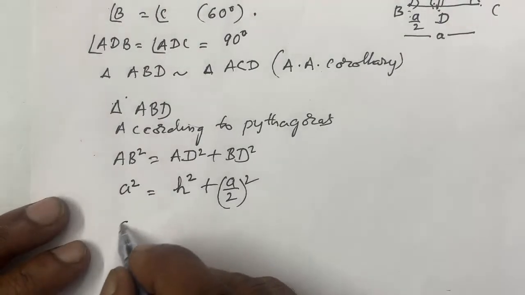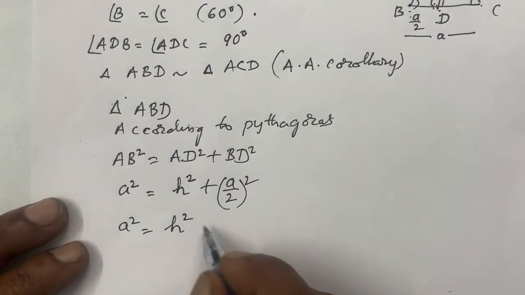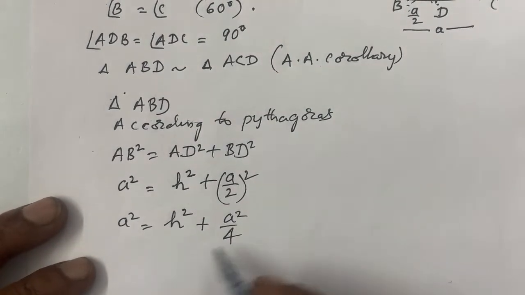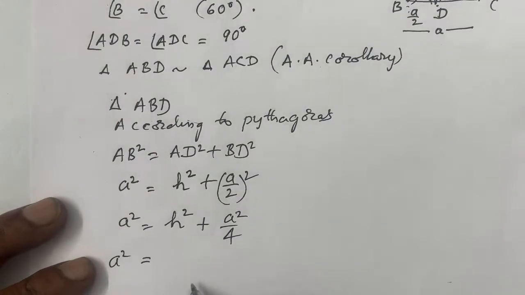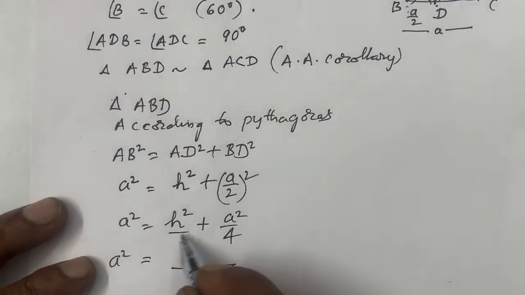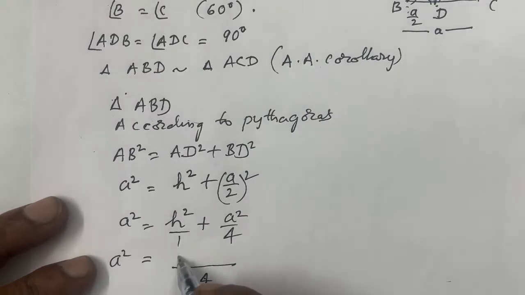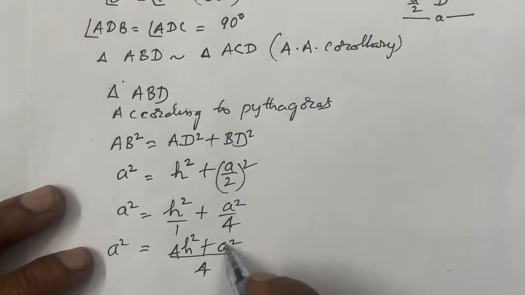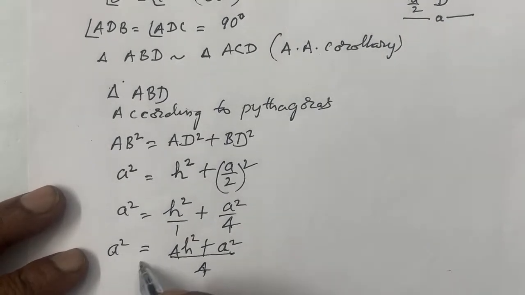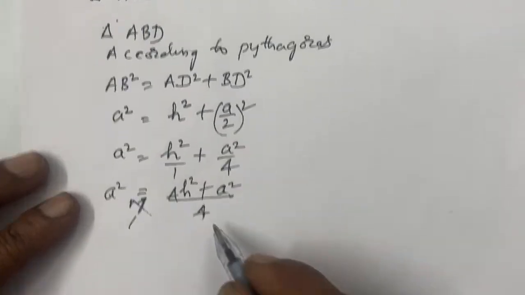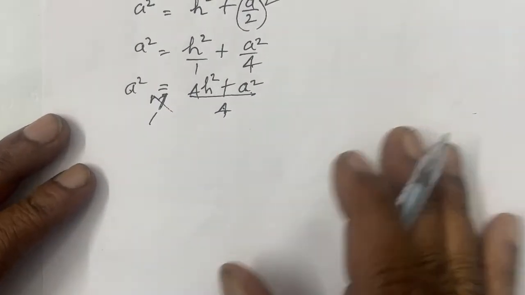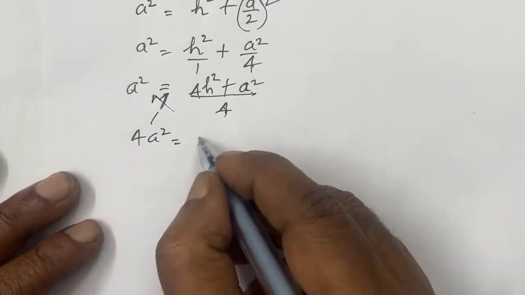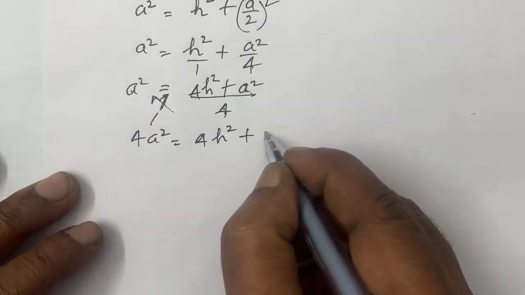So a by 2 whole square means a square by 4. Next, a square plus h square is equal to a square by 4. Because of the fraction form, we have to go for LCM. 4a square is equal to 4h square plus a square, by cross multiplication.